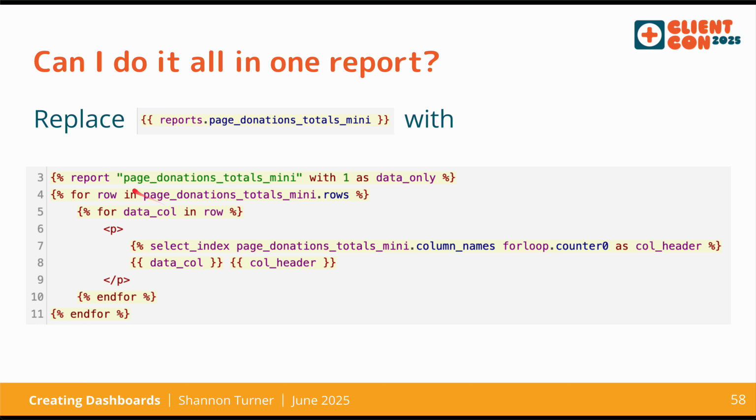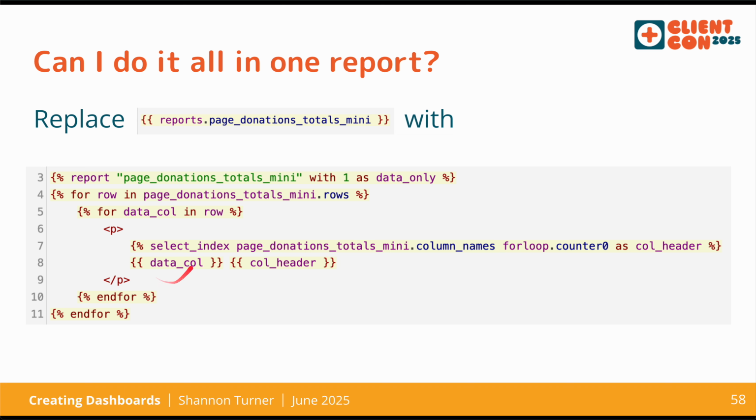So what this does is it runs the page donations total mini report, and we have a special way of running that called data only, which lets you go over the report results row by row. So here I have a for loop that goes for every row in the results.